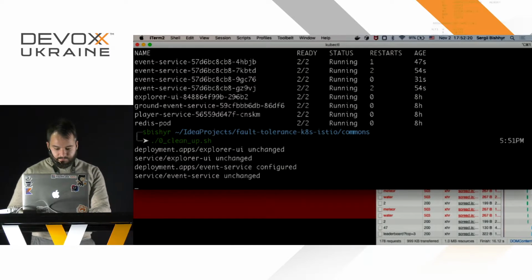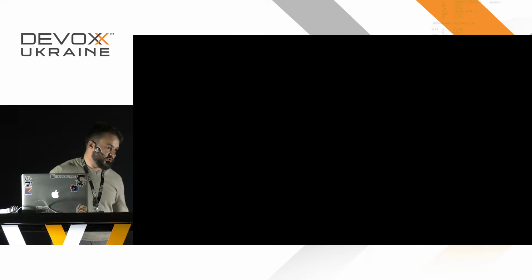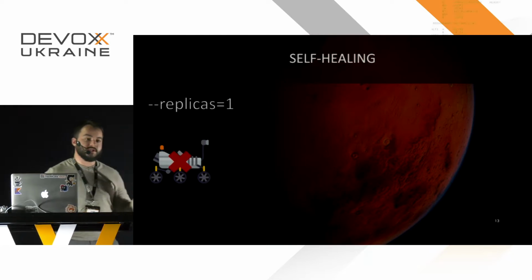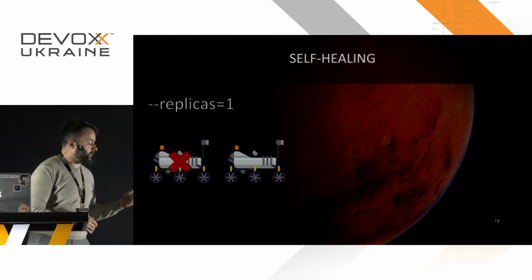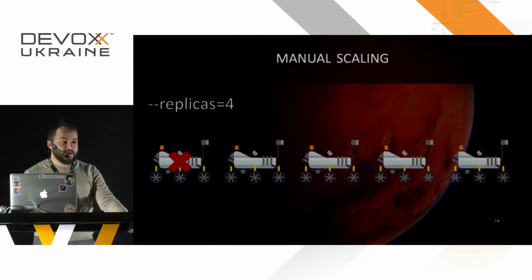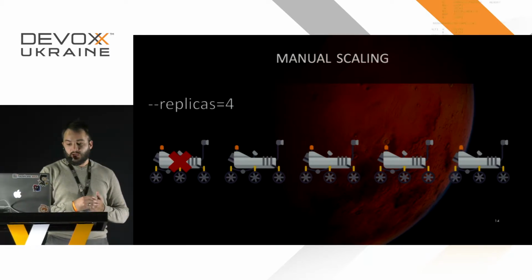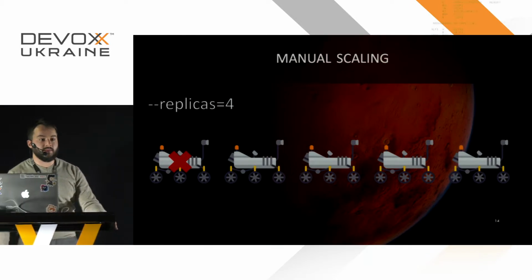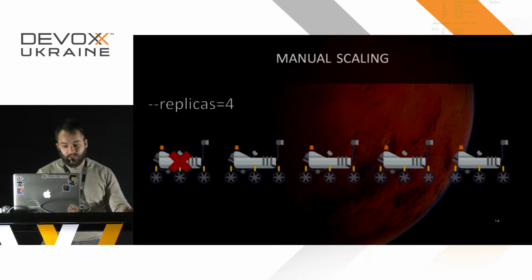Okay, so let's return to the presentation and recap the features that we just saw. So first of all, we saw the self-healing mechanism of Kubernetes. It means that when our services fail, Kubernetes will automatically make sure that they are restarted. And also we saw the mechanism of manual scaling. So we can set up the number of replicas that we want from our service, and Kubernetes will make sure that the number of replicas that we wanted is always up and running.